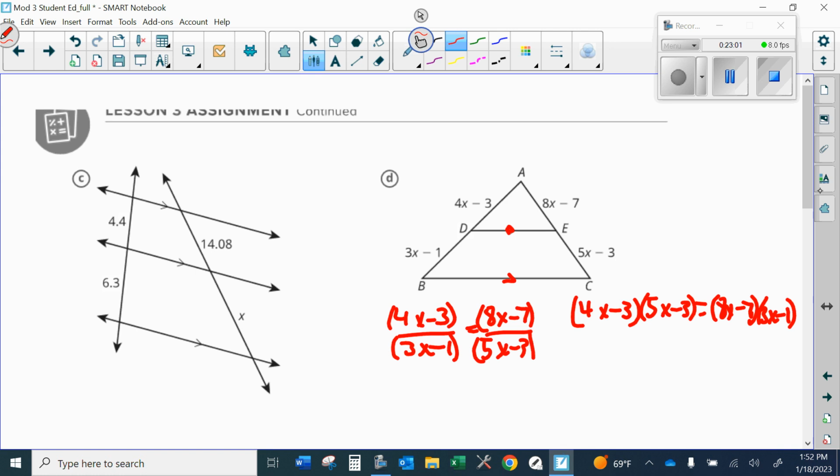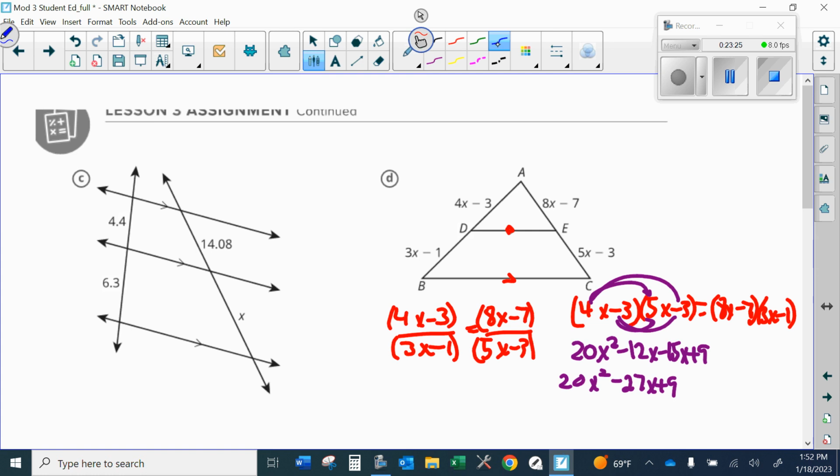And now go ahead and multiply through. So I get 20, I'm just using the double distributive property: 20x squared minus 12x minus 15x plus 9. Okay, combine like terms, I get 20x squared minus 27x plus 9.